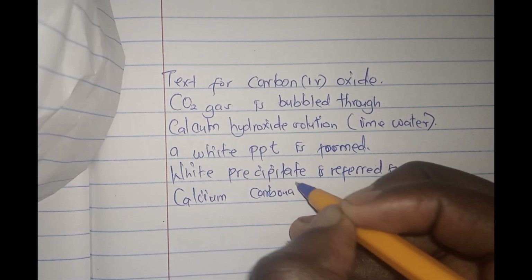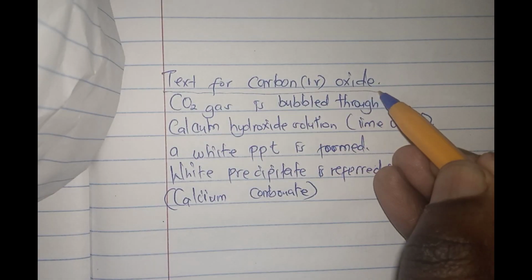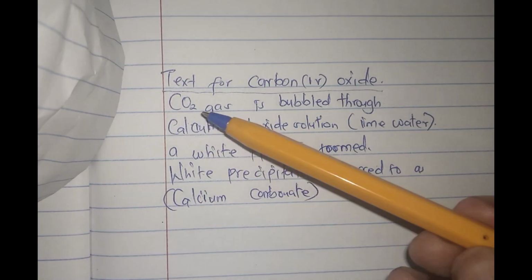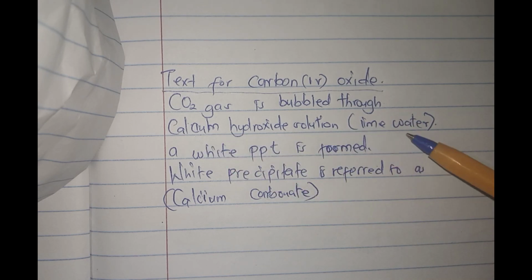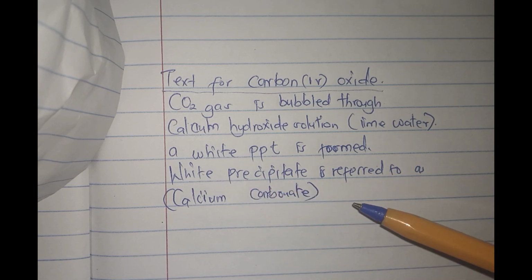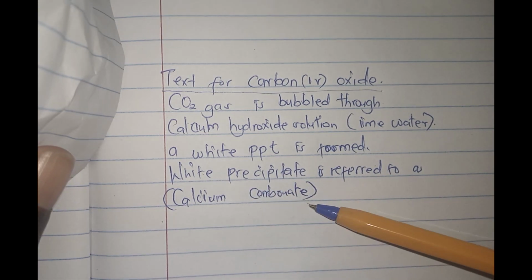Remember that. This is now the test for carbon dioxide gas. Always remember, when carbon dioxide gas is bubbled through calcium hydroxide solution or lime water, a white precipitate is formed. And this white precipitate that is formed is referred to as calcium carbonate.